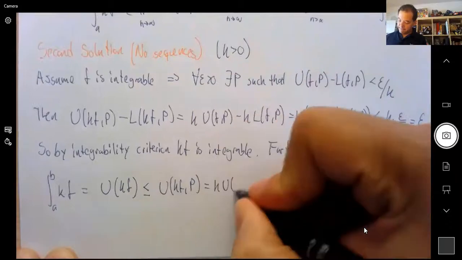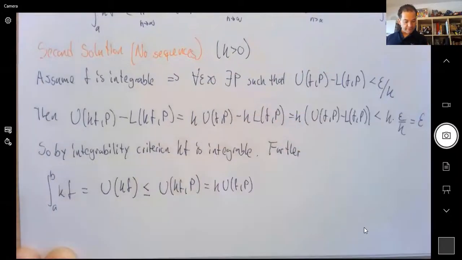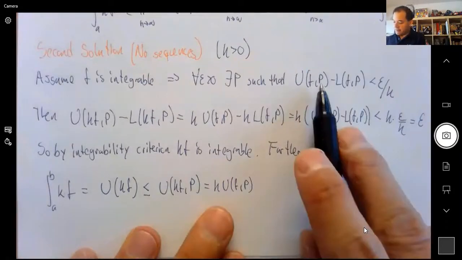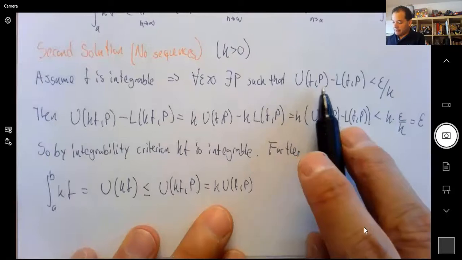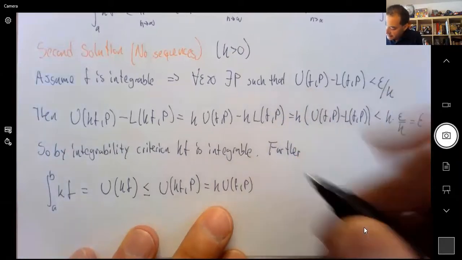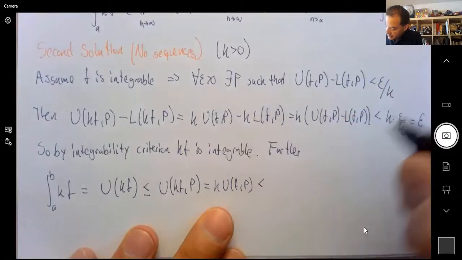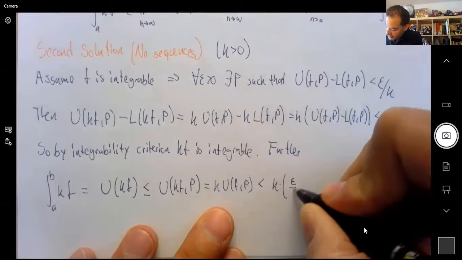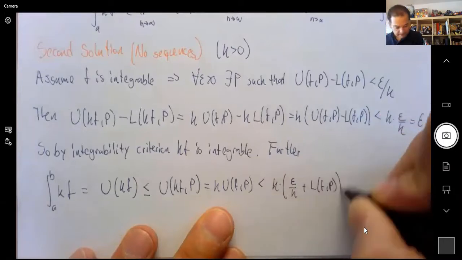And then we know that this one satisfies U(f,P) is less than epsilon over k plus L(f,P). So this is less than k times epsilon over k plus L(f,P), right?